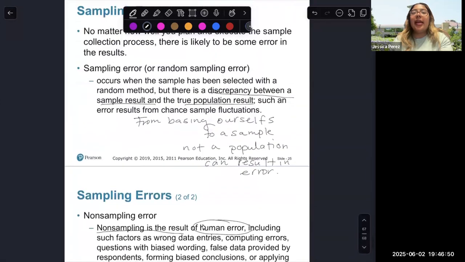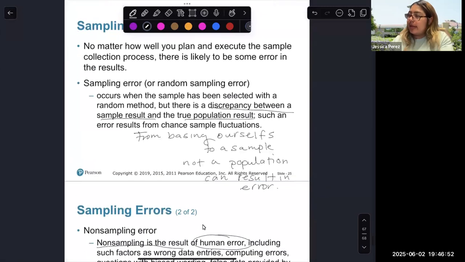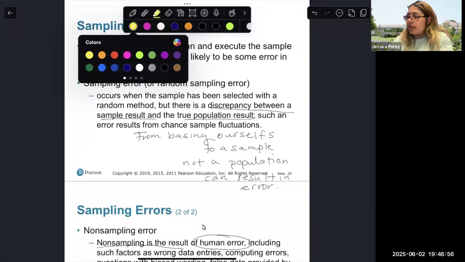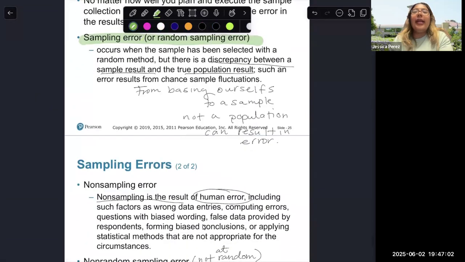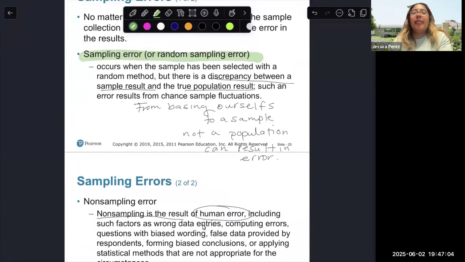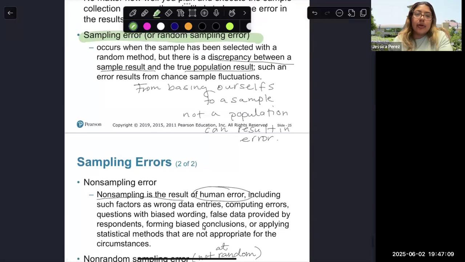So at the end of the day, one of the errors is a random sampling error that can occur. It's still a simple random sample, but there's a discrepancy, right? Because this always occurs.